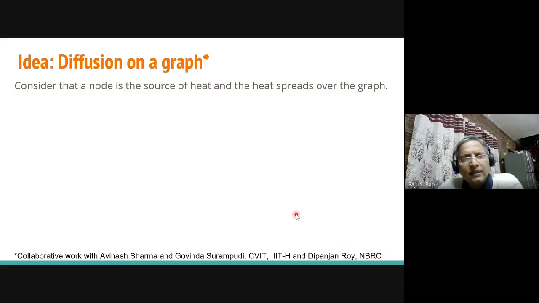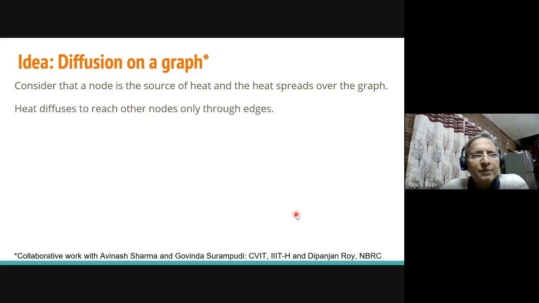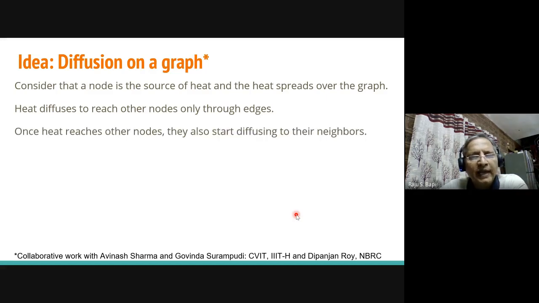So what we thought is that you can consider that a node in this graph is the source of heat, and heat spreads over the graph. This comes from the heat diffusion ideas. This heat diffuses to reach other nodes through the edges.